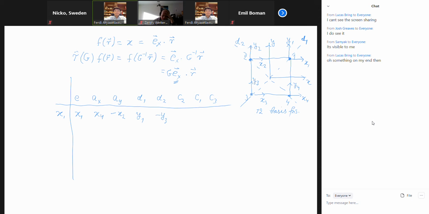C2 is rotation by pi about the z-axis. So that gives me then minus x3.